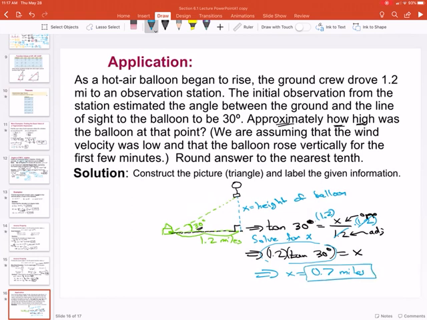Now if you wanted to, you could break 0.7 miles down in terms of feet. We do know that 5,280 feet equal 1 mile, so let's multiply by the conversion factor just to break it down a little bit further.